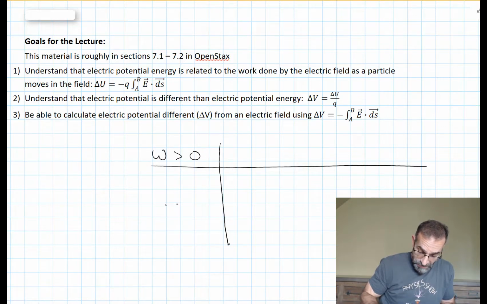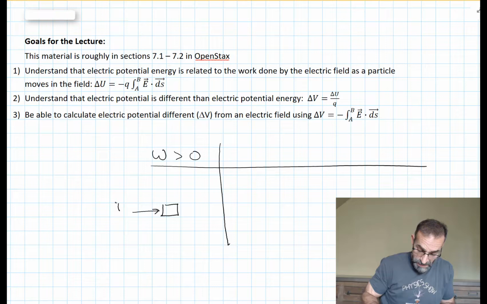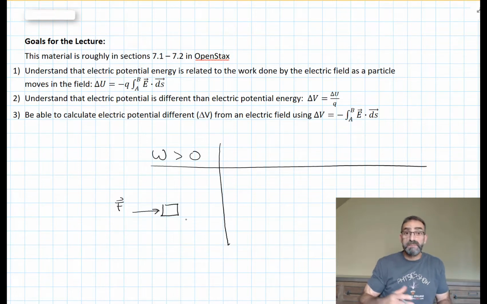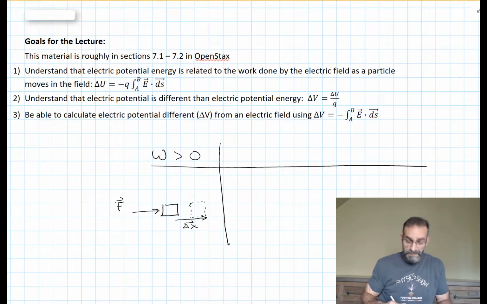I have an object, a box sitting on the floor maybe, and if I push on it with the force, and that box moves to the right and ends up over here, that force is doing positive work on the box.